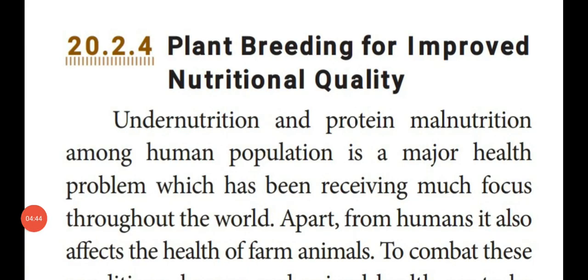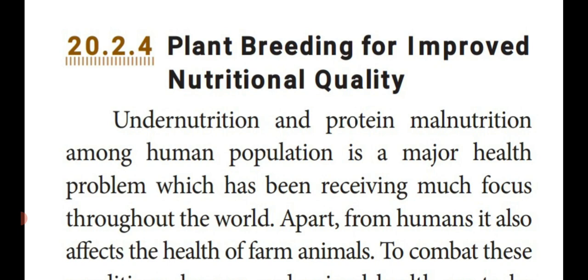The next topic is plant breeding for improved nutritional quality. So what is plant breeding? That means to cross different varieties of plants to produce a newly formed individual with a different or desirable character.